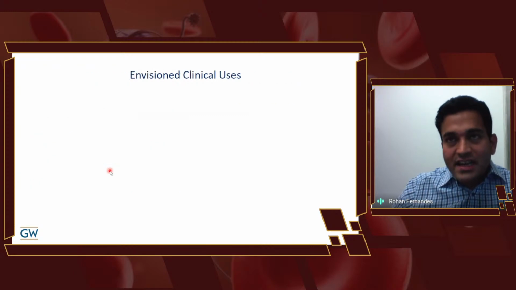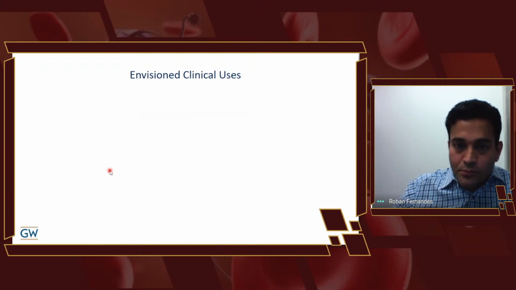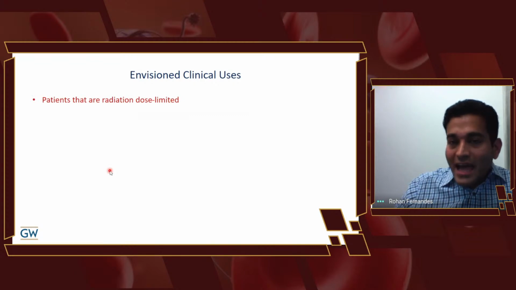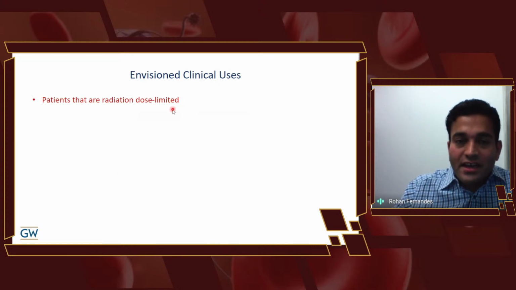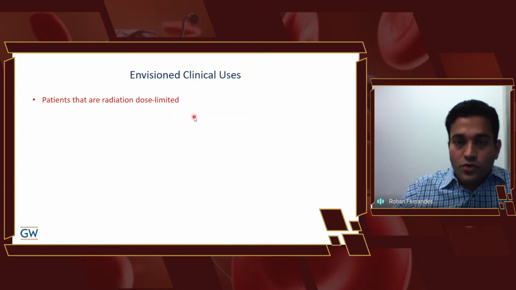So what are our envisioned clinical uses? At this point, we don't think that we would get approval to start our nanoimmunotherapy as a first-line treatment. So we would look to get into clinical trials as an experimental therapy for patients that are radiation dose limited, where they cannot go through any further rounds of radiation or chemotherapy, for example, or if tumors are inoperable.